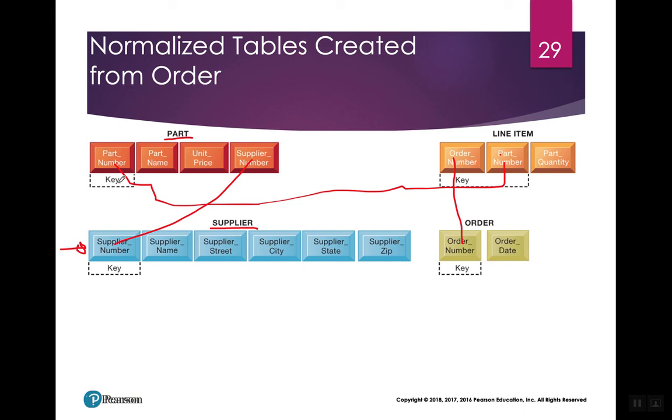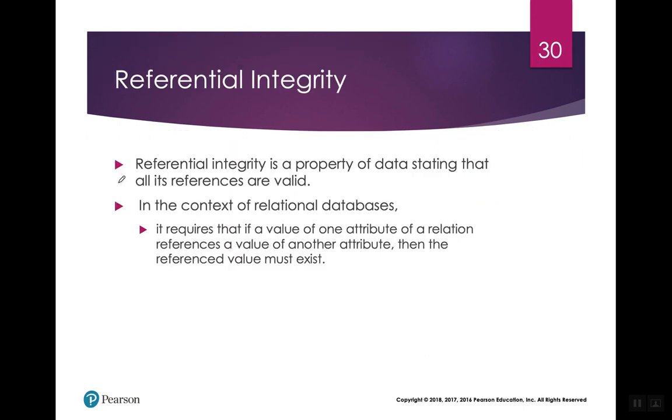And it doesn't exist anymore. So you have a broken database. All right, so this is what we mean by referential integrity. The fancy definition is: if a value of one attribute of a relation references the value of another attribute, then the reference value must exist.